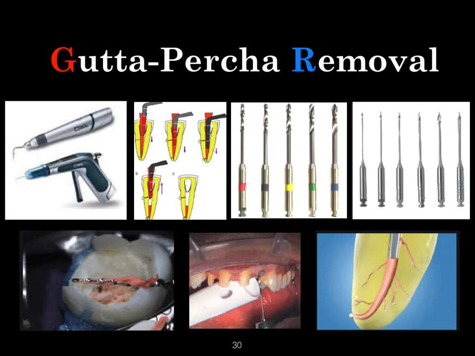Also, you could use files, either hand file or motor-driven file, to remove any gutta percha, and then you need to pack it apically, and the walls are cleaned chemically. If the gutta percha has been in the canal for a long time, sometimes you need to dissolve it a little bit chemically before you drive a motor-driven instrument to remove it. But we mentioned again and again, gutta percha is better removed by a heated instrument to prevent its incorporation within the smear layer.